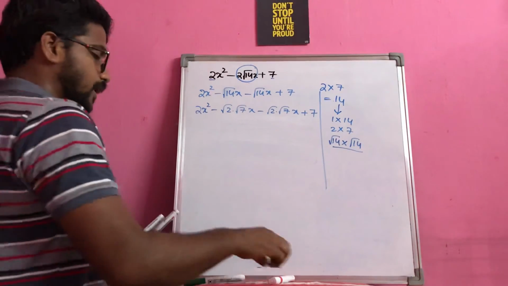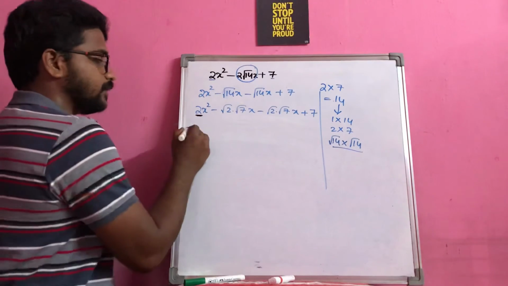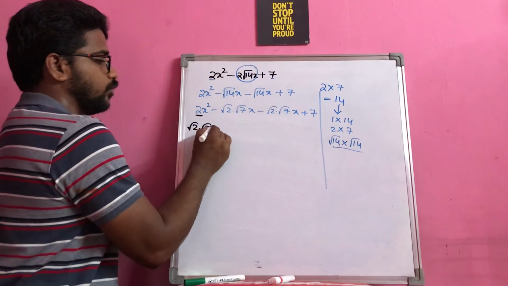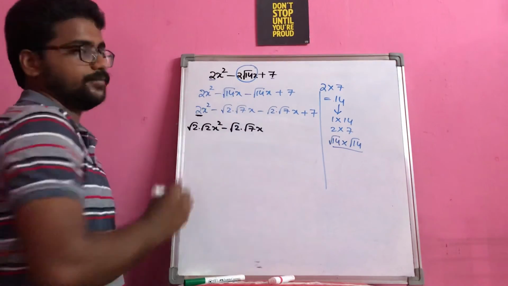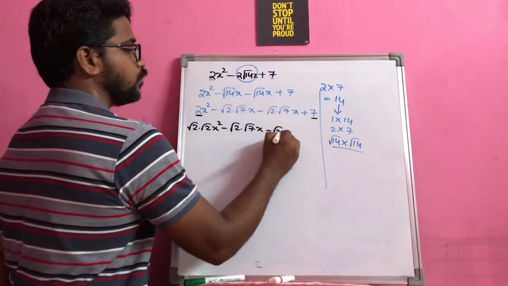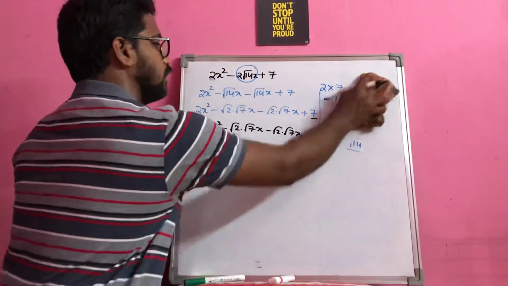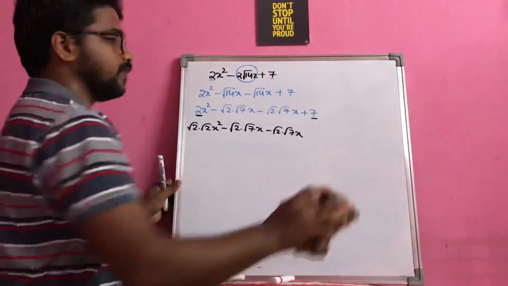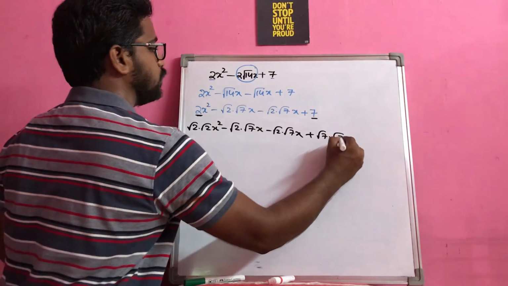Now you can observe here there is a root 2 in this as root 2 into root 2x square minus root 2 root 7x. Here you have a root 7 here minus root 2 root 7x. There is a hidden root 7 in the 7 which can be written as root 7 into root 7.